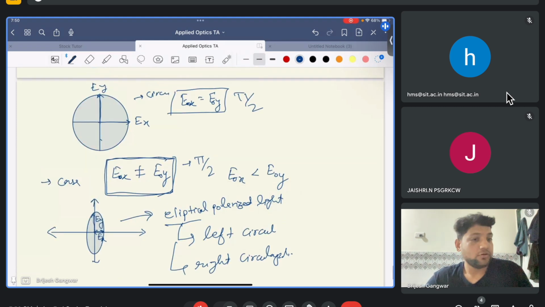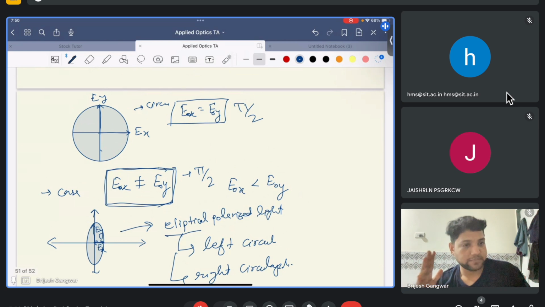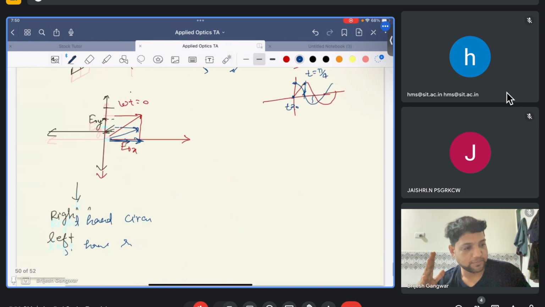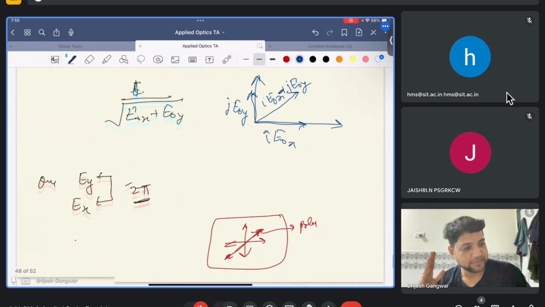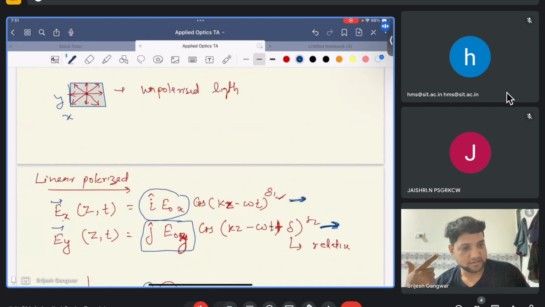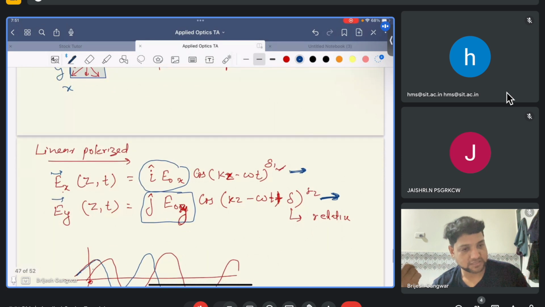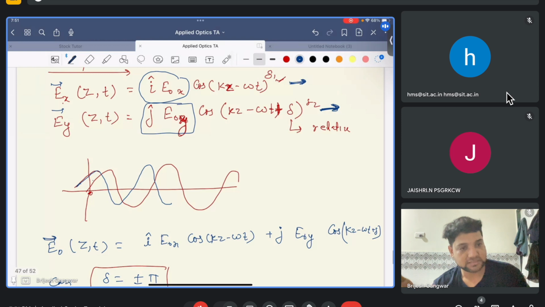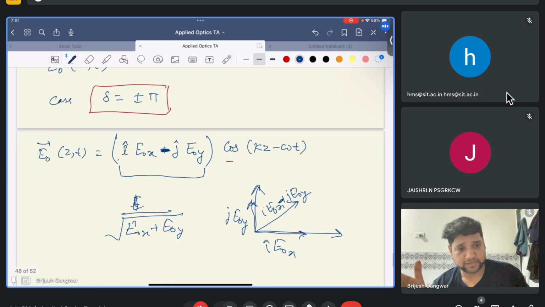So till here I only showed you the mathematical representation, like the wave equation we know, and if we have some particular direction of that wave and we add these two waves, then what happens, how the polarization will change. But this is all mathematical.